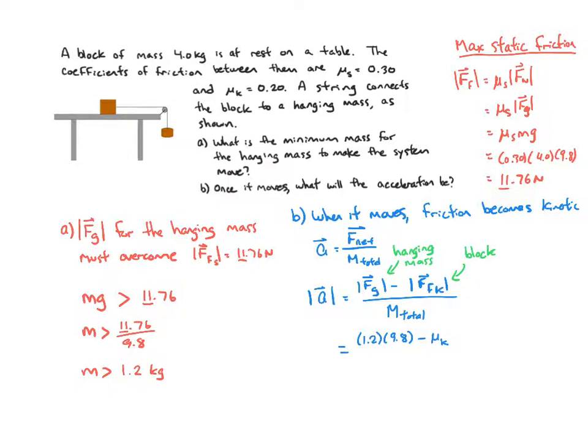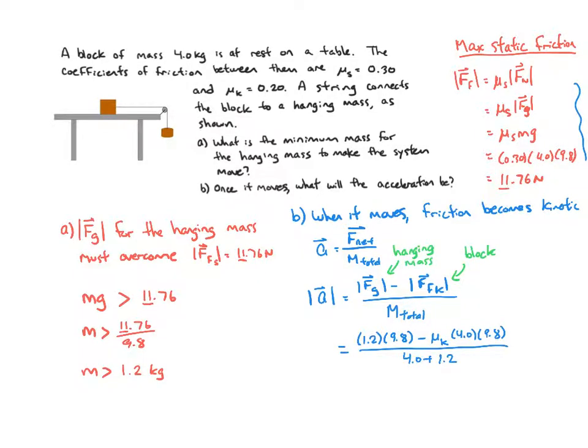And I'm going to skip a couple of steps. The normal force I know is equal to the force of gravity on it, which is equal to mg, which is equal to 4 times 9.8. Okay, I did that stuff up here, the same kind of thing. Okay, divided by the total mass. So the total mass is the mass of the block plus the hanging mass, 4 plus 1.2.